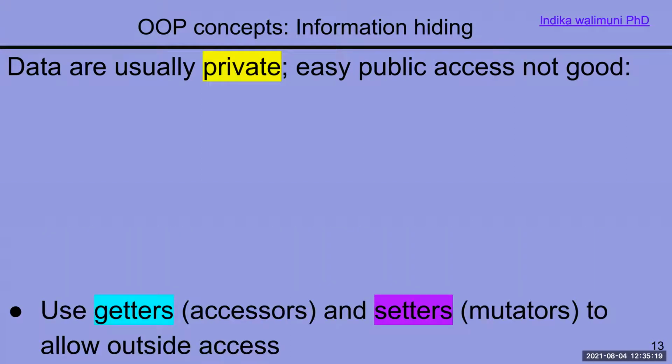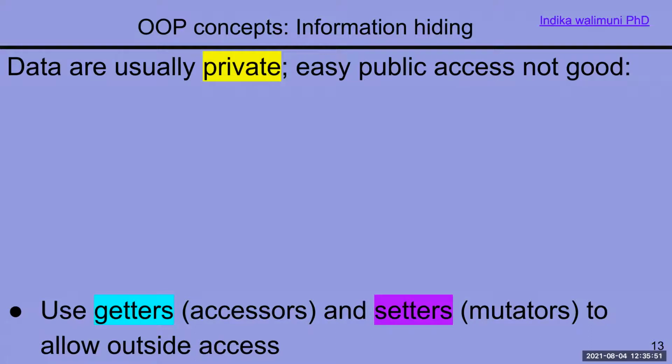After we do that, we can use getters and setters to allow access. Access from outside makes sense, as long as it doesn't compromise the data, because we will need to access the data inside. So some sort of access to data is necessary.